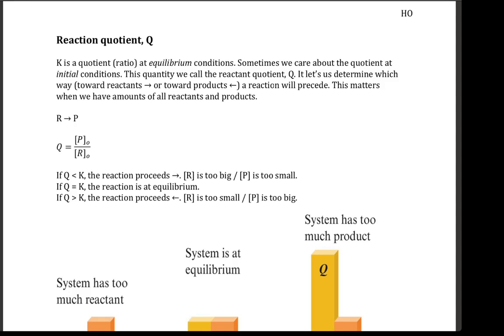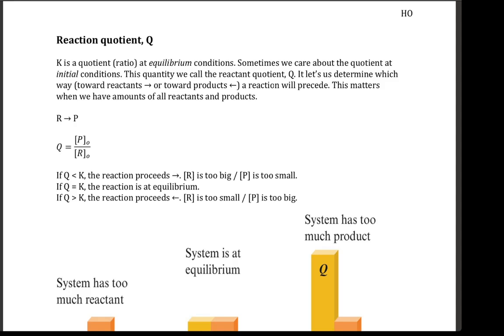So far in all of the problems we have looked at, we have been given initial amounts of reactants. But sometimes instead we're given amounts of products, or maybe we initially have amounts of both reactants and products.